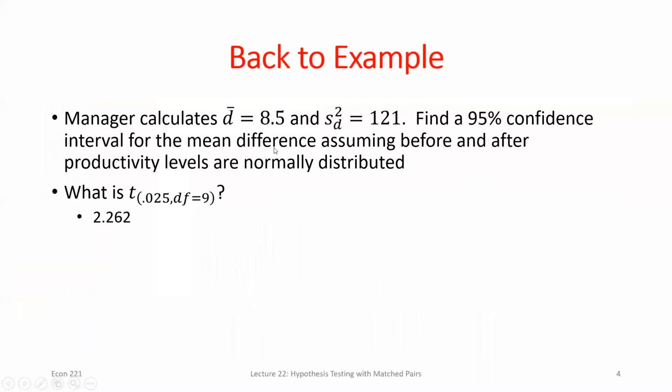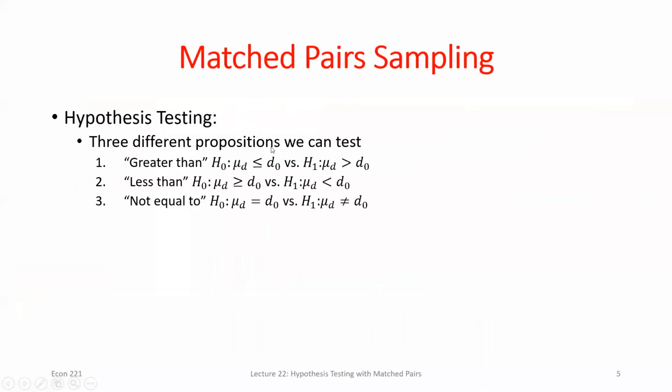Okay. If we can do confidence intervals, you can imagine we can probably also do some hypothesis tests. Here it's the exact same thing we were doing before. It's just instead of the true population mean, we're thinking about the true population mean difference, because this isn't one variable. We created this variable by taking the difference of two other ones.